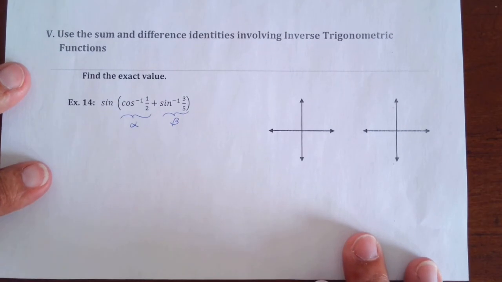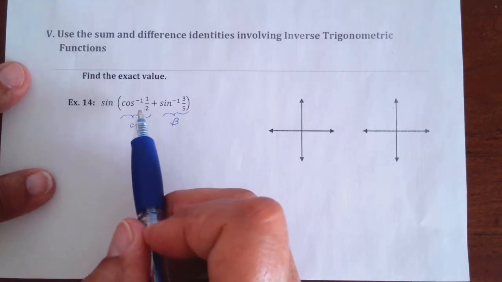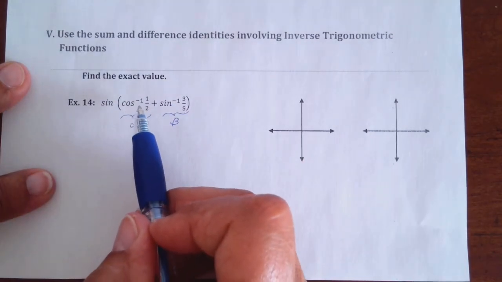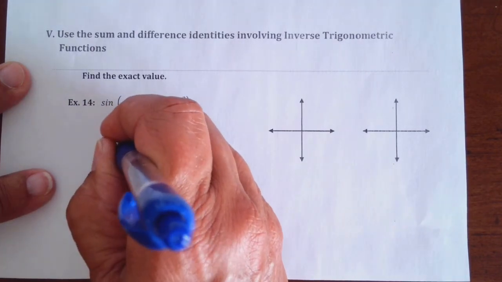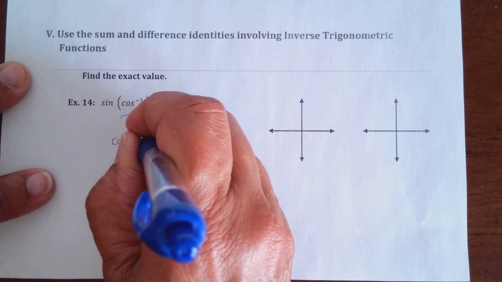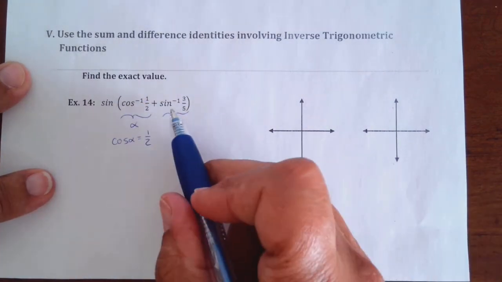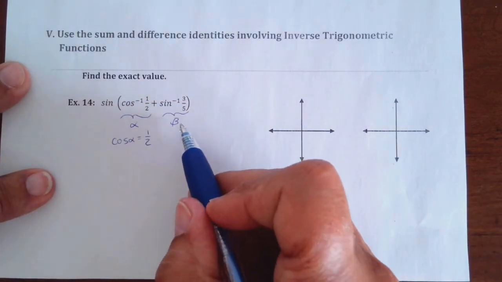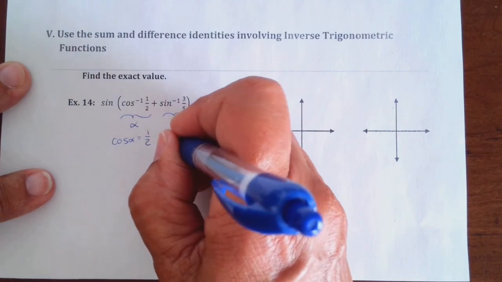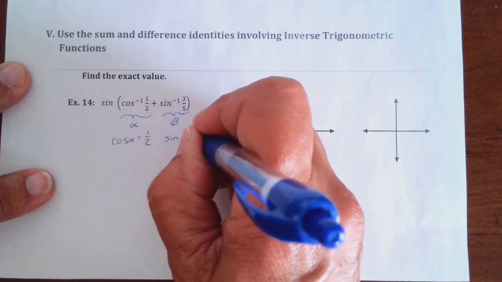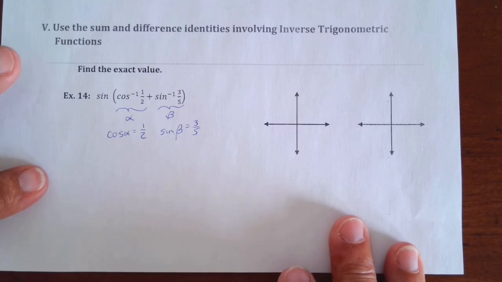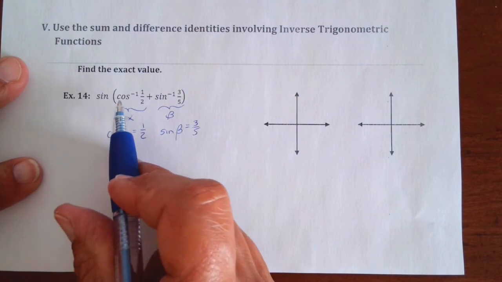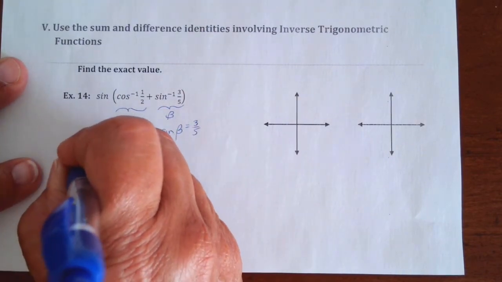Remember the inverse trig function: if the inverse cosine is 1/2, then the cosine of alpha has to be 1/2. And if the inverse sine is 3/5, then if that's angle beta, the sine of beta would be 3/5. So we're going to do the same thing we did with that other one with the triangles, drawing these out.